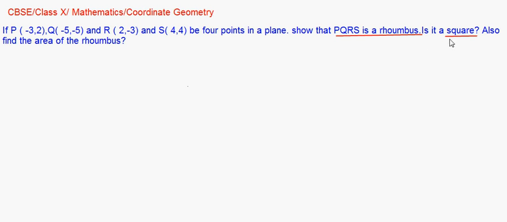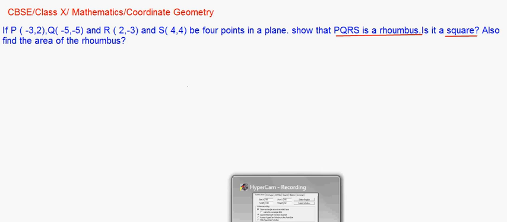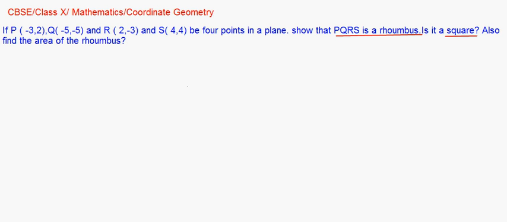But the differentiation between the rhombus and the square will be, we need to see the diagonals, because in a square the diagonals need to be equal. On the other hand, in a rhombus it doesn't require them to be equal.